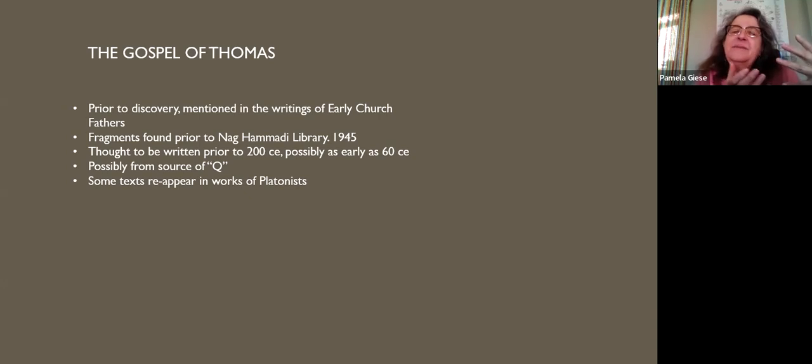As I mentioned earlier, we had fragments of the Gospel of Thomas from various sources. And then the full source was found in the Nag Hammadi library. The Nag Hammadi was a cache trove of scriptures that had been buried but were discovered in 1945 and contained a large number of Gnostic material.